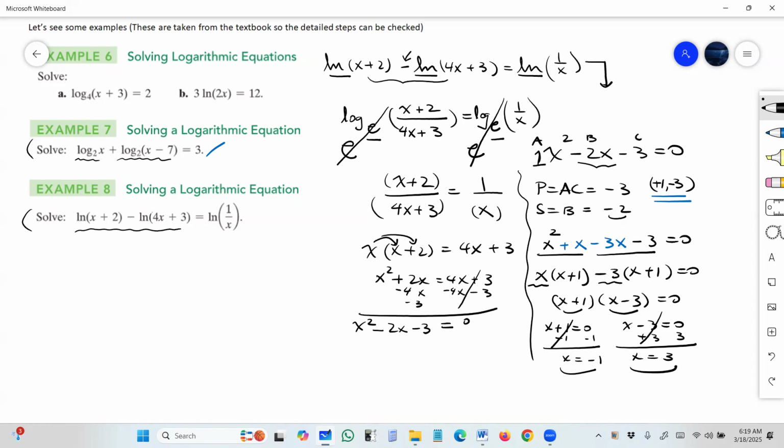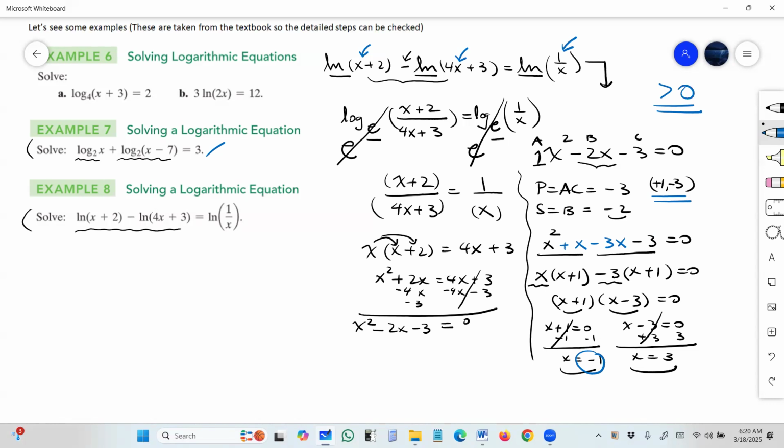I have to go back into the original, and I have to replace both x's inside their values, inside their variables. And I have to have a value greater than 0 inside the log. So let's begin with the negative 1.